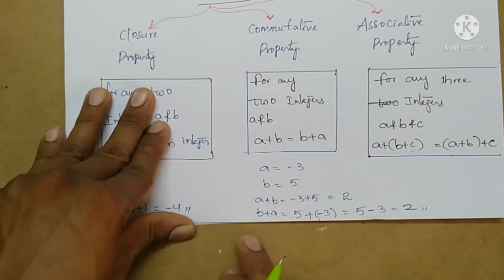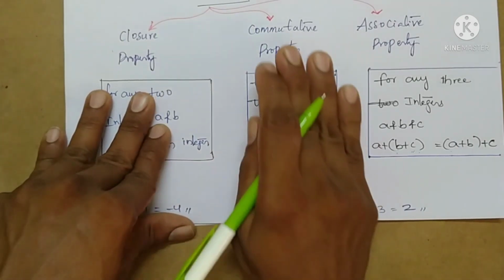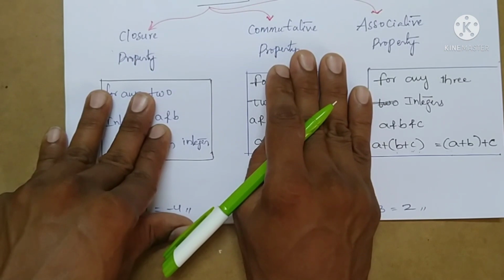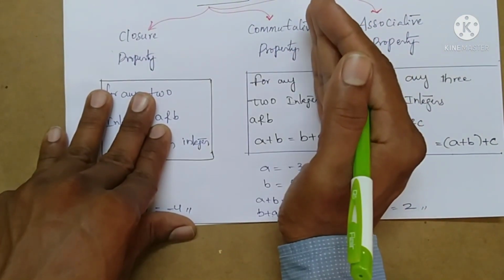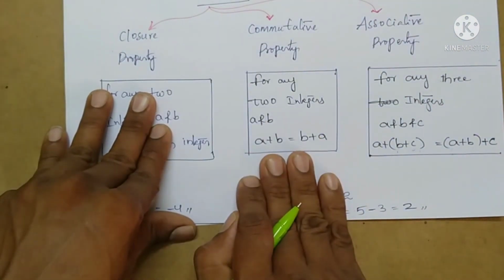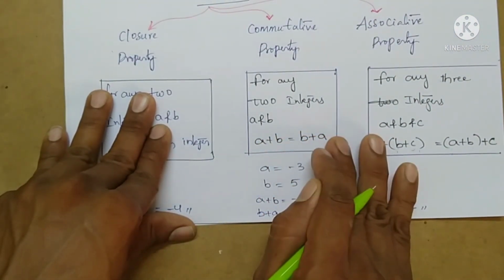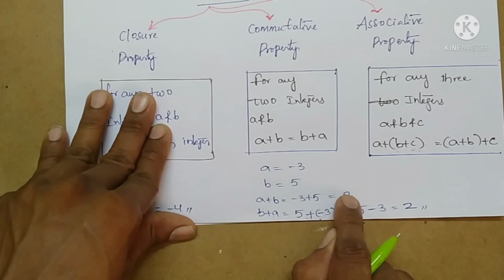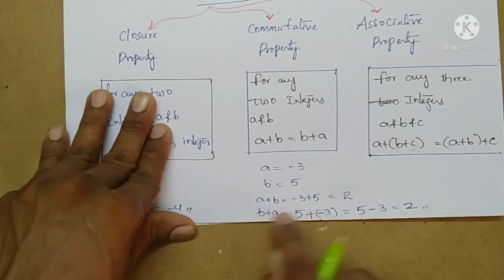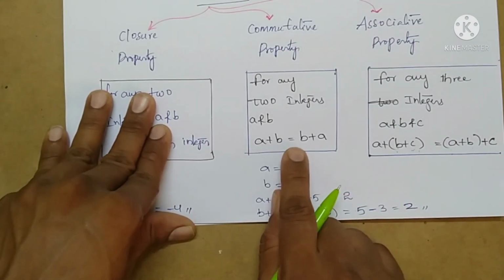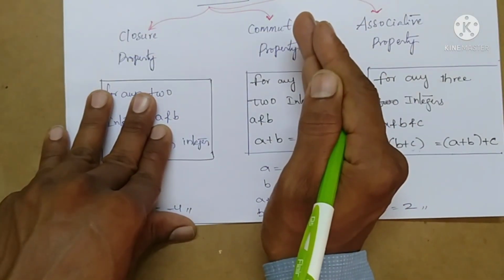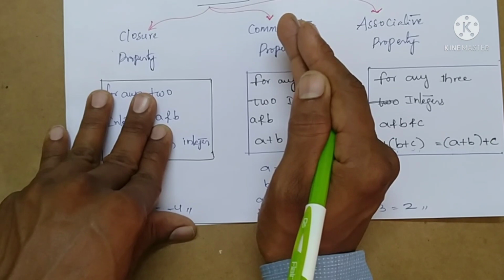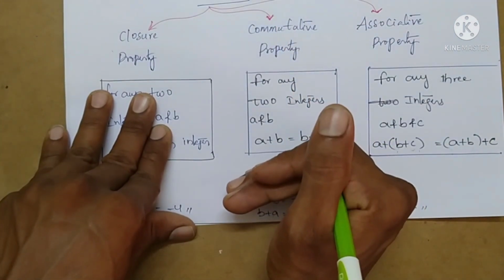So here a plus b is equal to b plus a, right? Here a plus b is 2, and b plus a is also 2. Finally, we can conclude that the commutative property works for integers under addition.